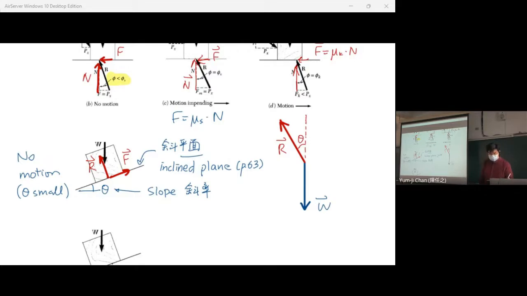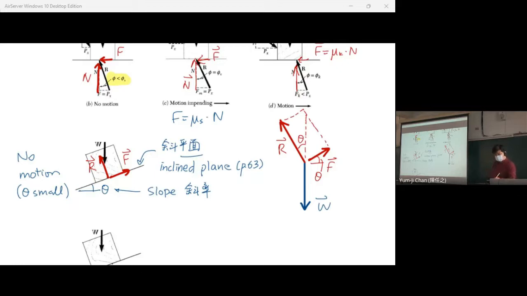Because it has no motion, F is going up like this. So the angle of this one is also theta.